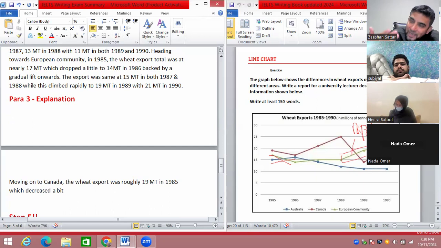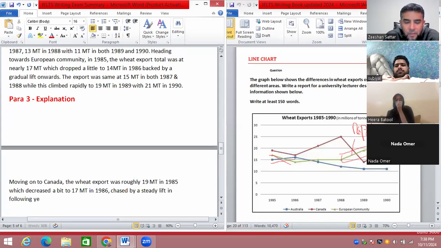Bit is a synonym of slightly. Okay, decreased a bit to 17 million tons in 1986, chased by, a synonym of followed by, backed by, chased by a steady lift in the following years. Okay, full stop.